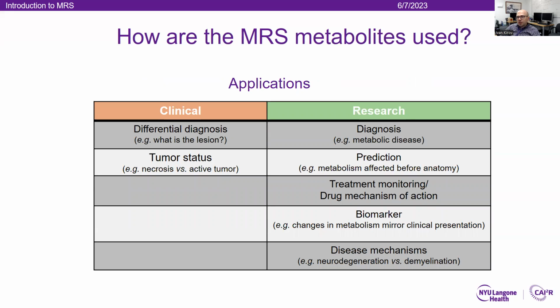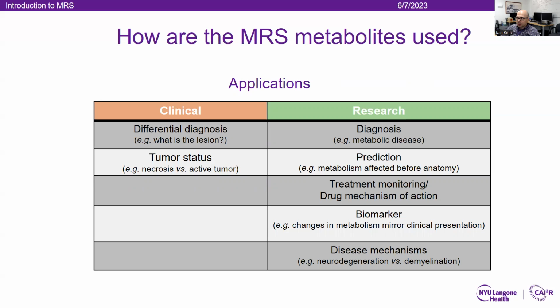MRS is used in the clinic mostly in two ways, and I'm talking about the brain, but also about the body as well. In a differential diagnosis setting, the most common example is the following. A patient undergoes a conventional MRI exam, and there is a finding. There is a spot on the brain that appears abnormal, and the clinician and the radiologist are unsure of what that is.